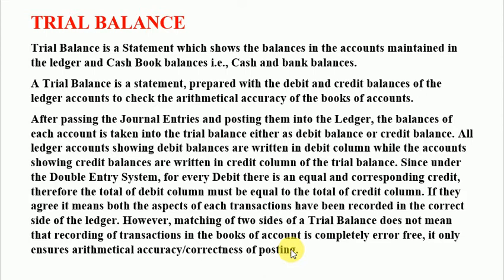Later on in the chapter, you will see that despite there being errors, a trial balance can match. That is why it is said it only checks the arithmetical accuracy of the books of account. It does not give a 100% guarantee that the accounting done right from the journal stage to the ledger and ledger to trial balance has gone error free.